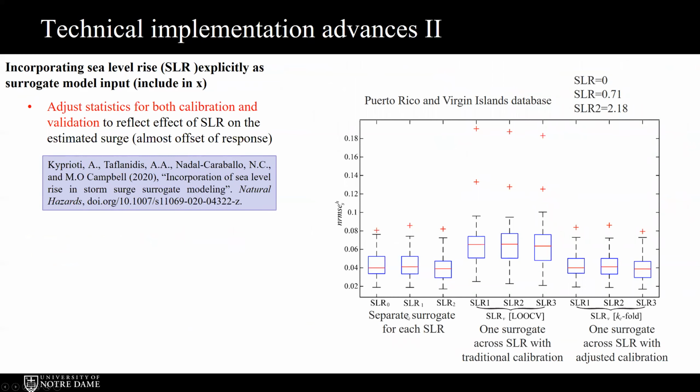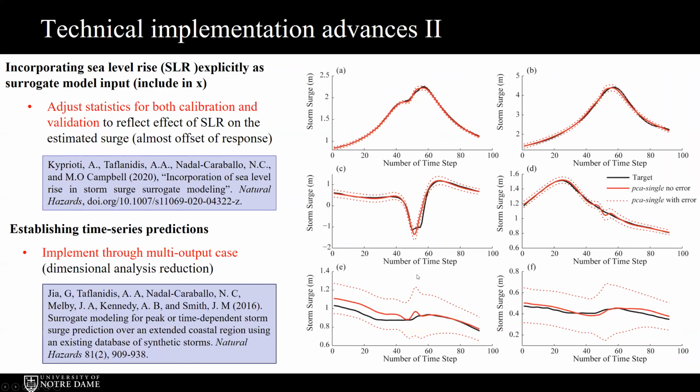And here we have the comparison, this is the root mean square error, and we can see what happens when we develop a separate surrogate model for each sea level rise, or if we combine the sea level rise as an input and use a traditional calibration approach, or use an adjusted calibration that explicitly considers the fact that the sea level rise has a specialized impact on the output, which is, it offsets the response. You can see that you do need the adjusted calibration to maintain good accuracy.